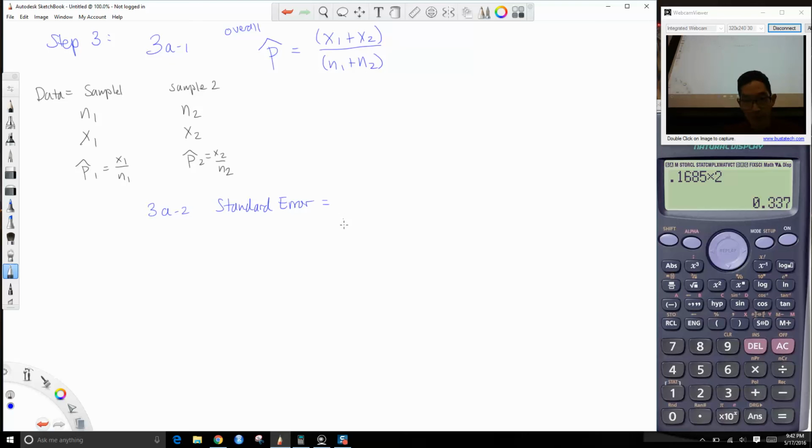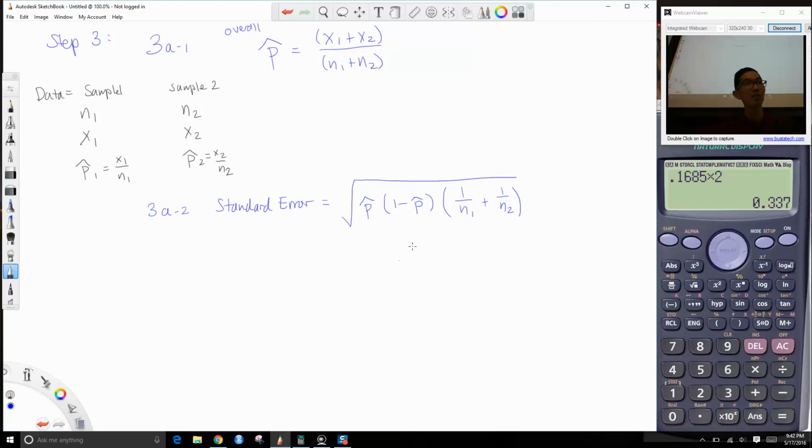The standard error is just the overall p hat times 1 minus the overall p hat, times the quantity 1 over n1 plus 1 over n2. That's it. Wait, it's not over anything? No, this is it.